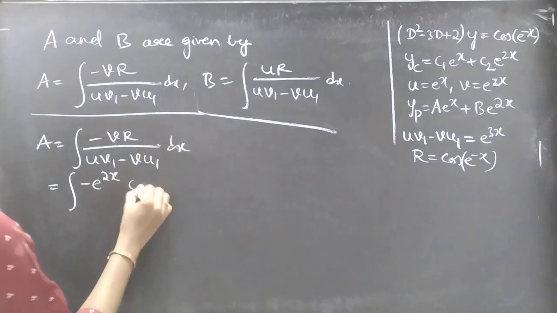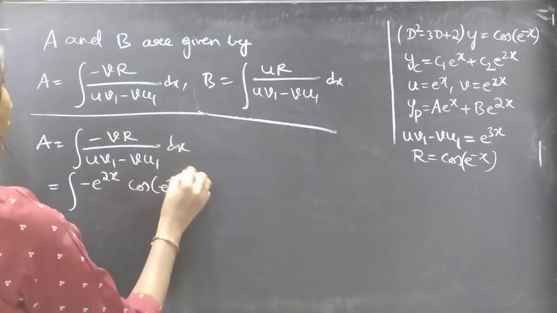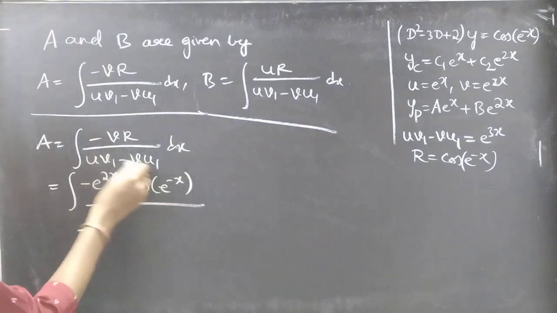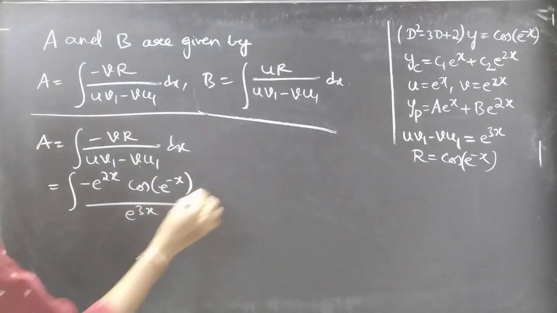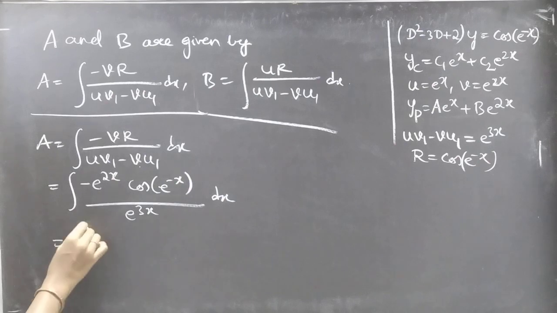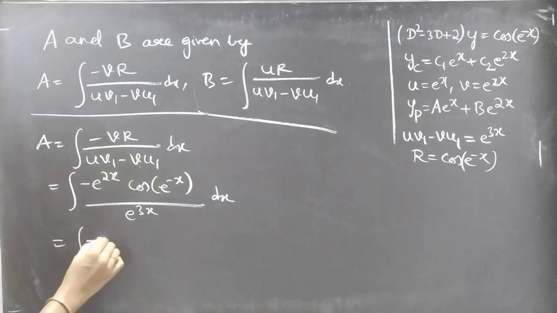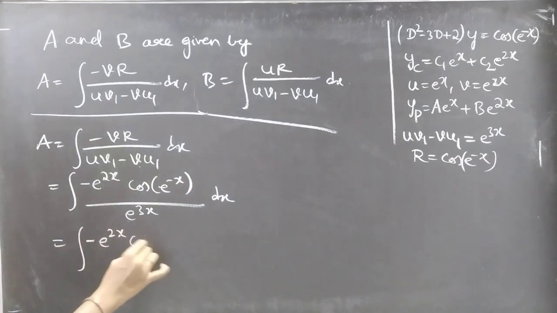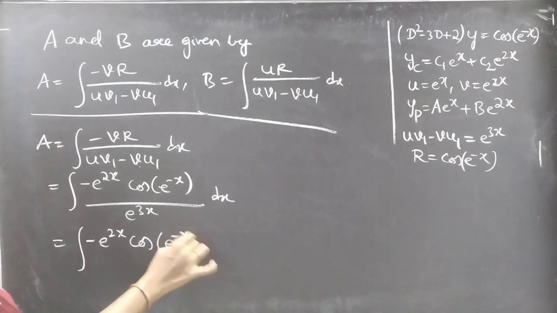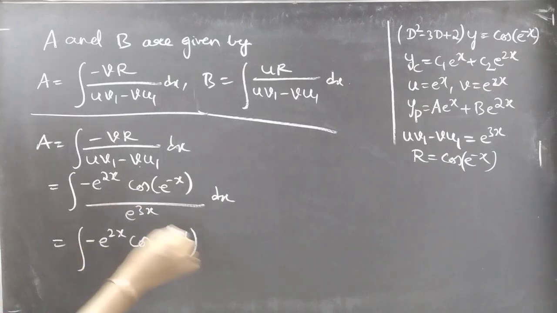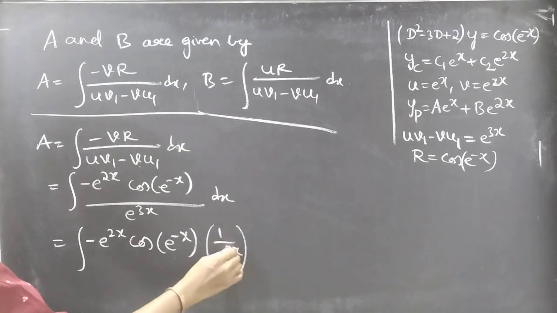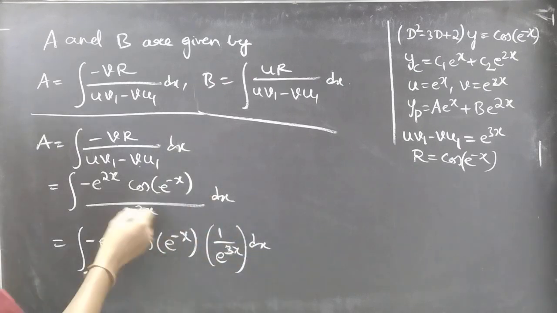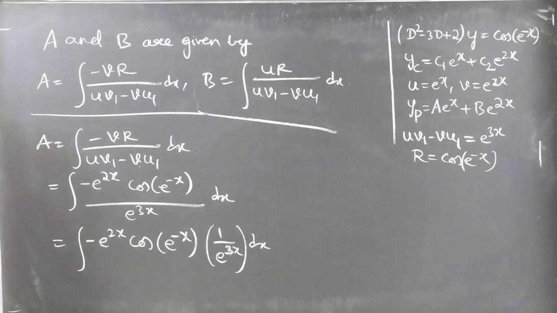You'll get cos of e^(minus x) by uv1 minus vu1, which is e^3x, into dx. This equals the integral of minus e^2x into cos of e^(minus x) into 1 by e^3x. I just wrote this fraction like this.